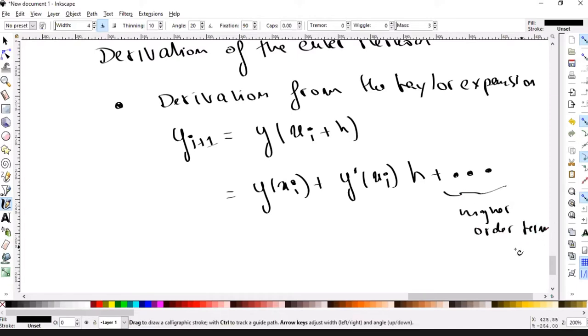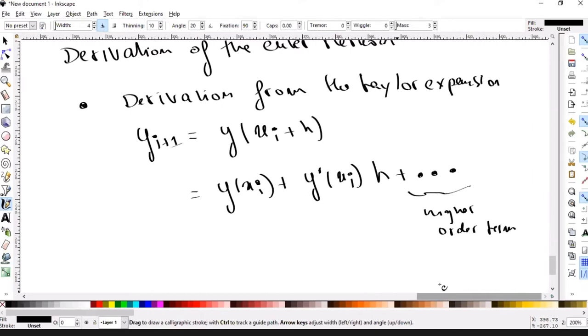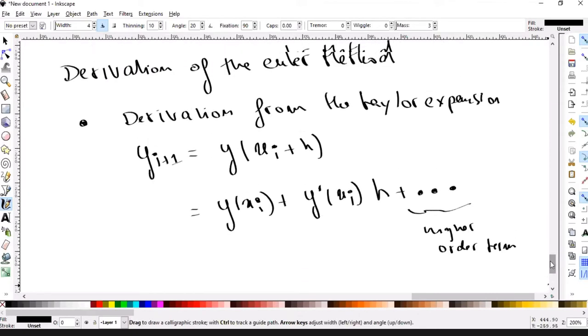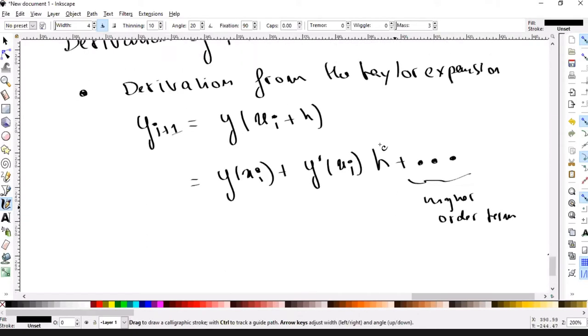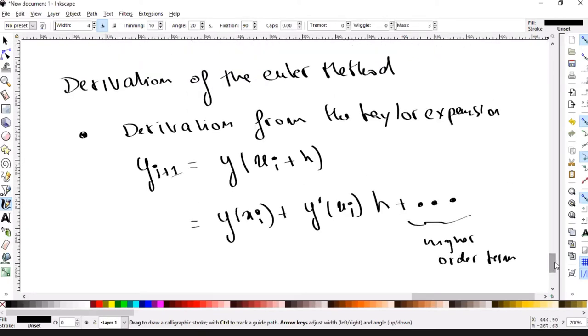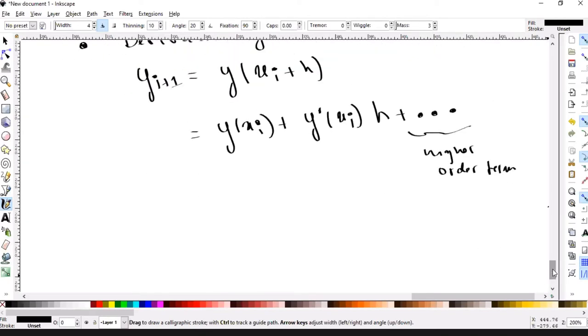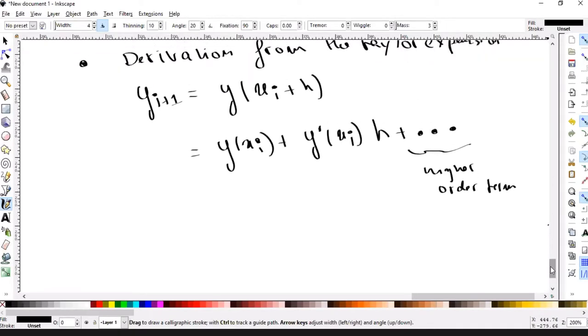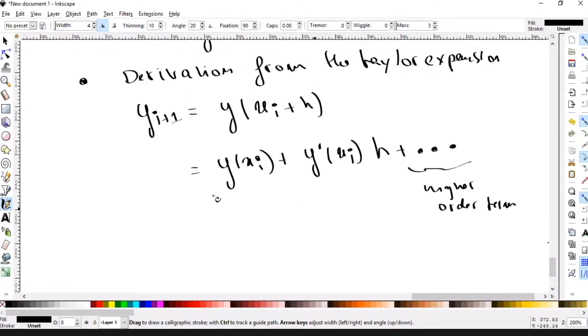So the Euler method is a first order method. That's why it's not so accurate, but it works in the case where your spacing h is small and you don't have error problems of divergence in your problem.